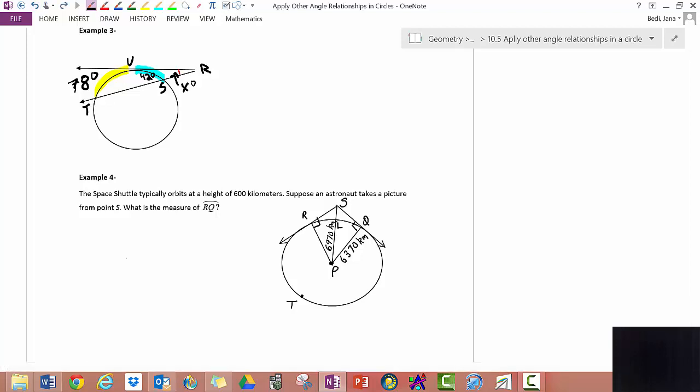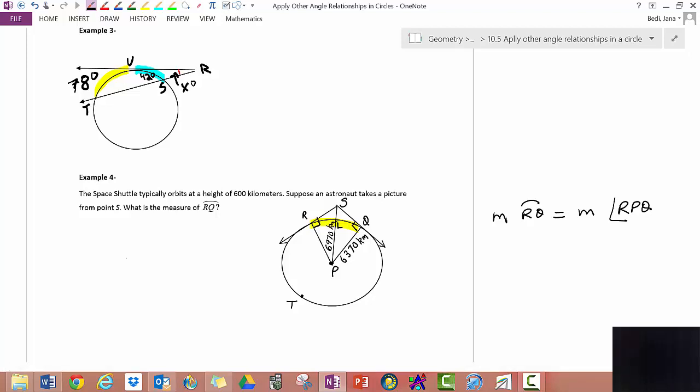Let's try again. Going back to the definition, the measure of arc RQ is going to be equal to the measure of the central angle RPQ. So you need to find the measure of angle RPQ.